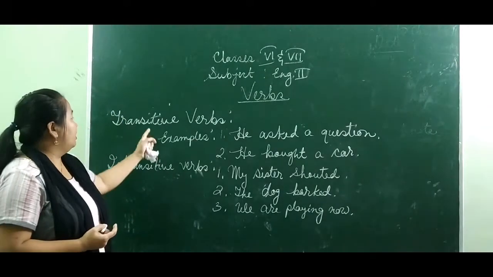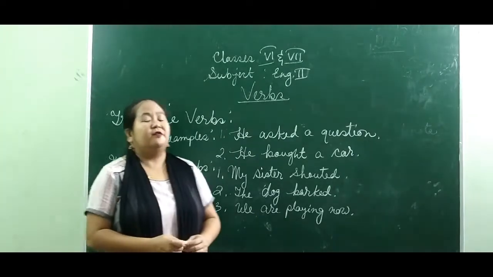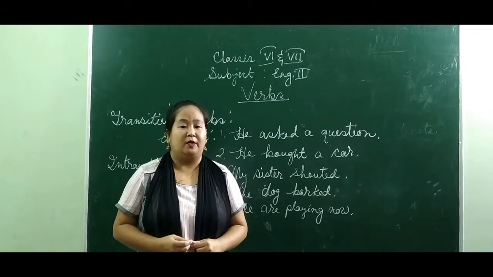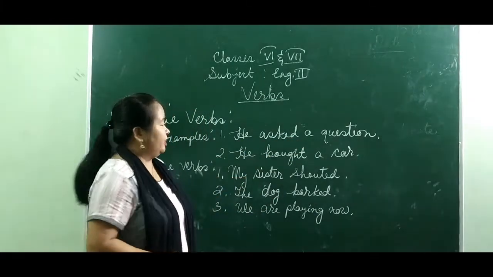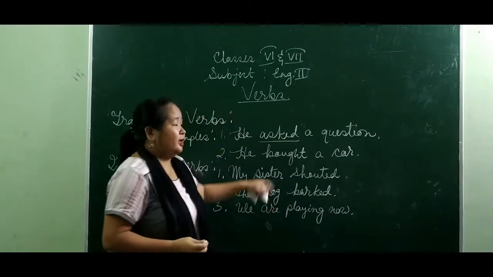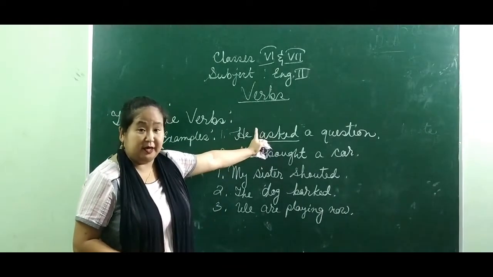Now let us learn what are transitive verbs and what are intransitive verbs. Okay, transitive verbs are verbs which require an object to complete their meaning. Okay, example, here he asked a question. If you only say he asked, it doesn't complete the meaning, right? It requires an object to complete its meaning.